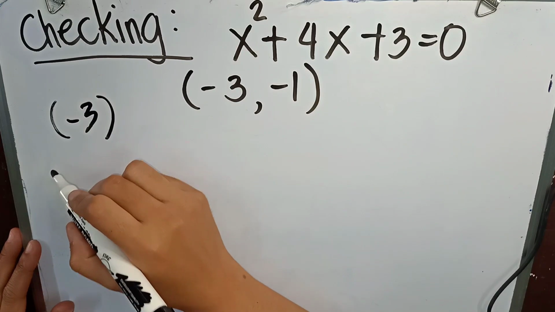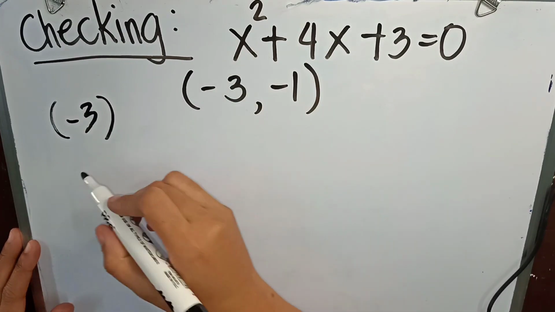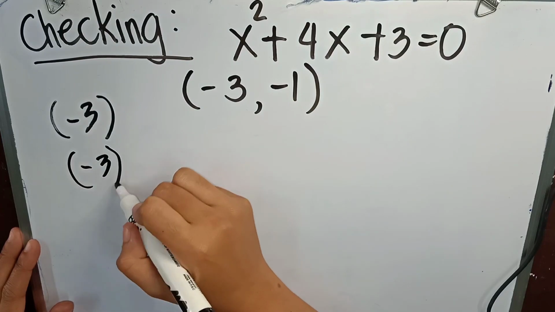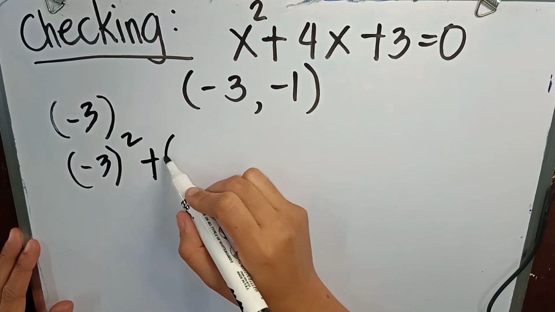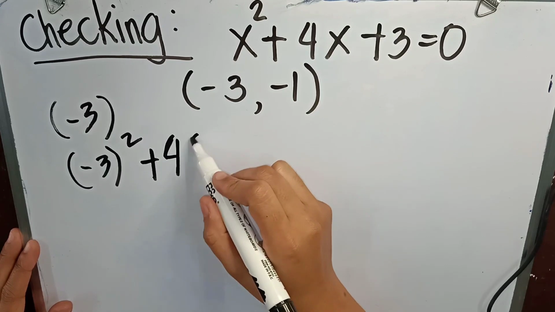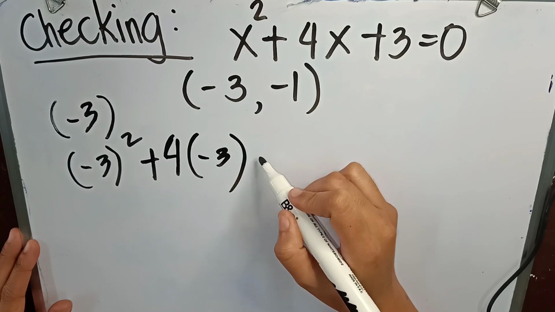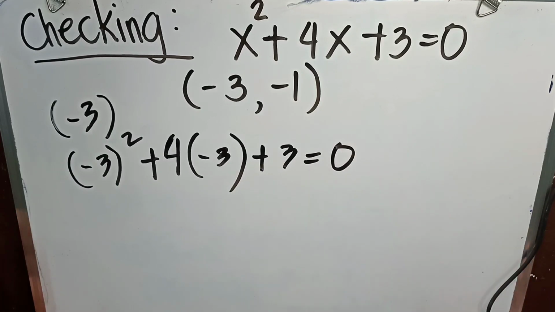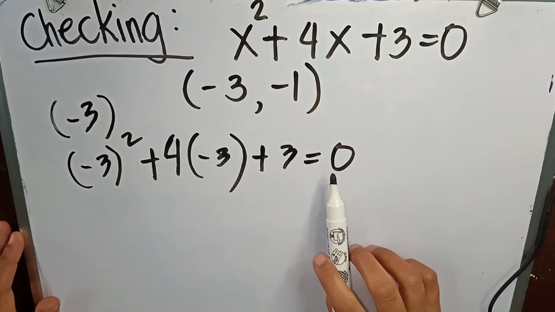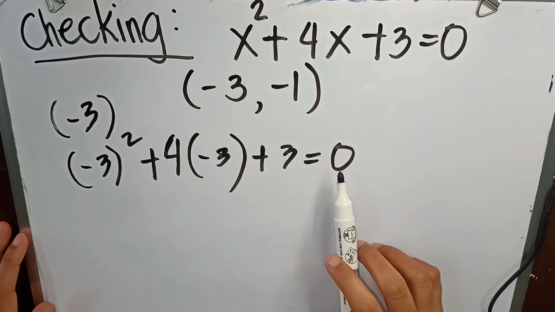Substitute negative 3 for our x value. So we have negative 3 squared plus 4 times negative 3 plus 3 equals 0. Our answer must be 0 because the right side after the equal sign is 0.